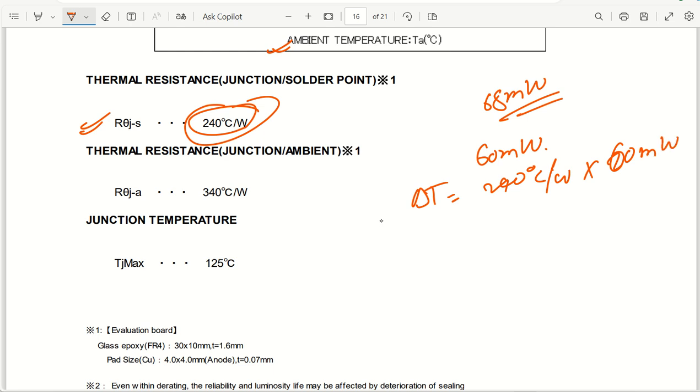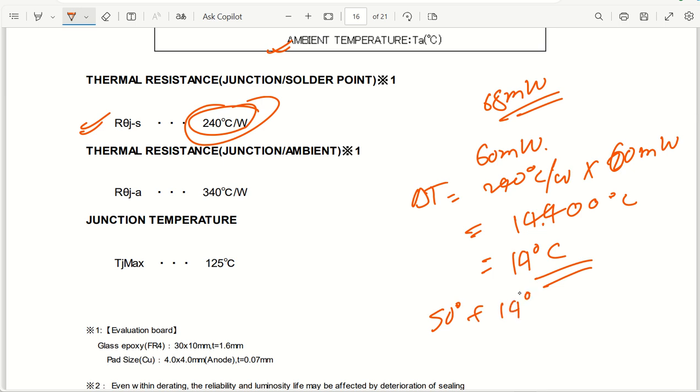In that case you are going to get 14.4 degrees centigrade, so just a 14 degrees centigrade increase in your temperature. Let's say the outside temperature is even 50 degrees centigrade, plus 14 degrees centigrade is going to be 64 degrees centigrade.